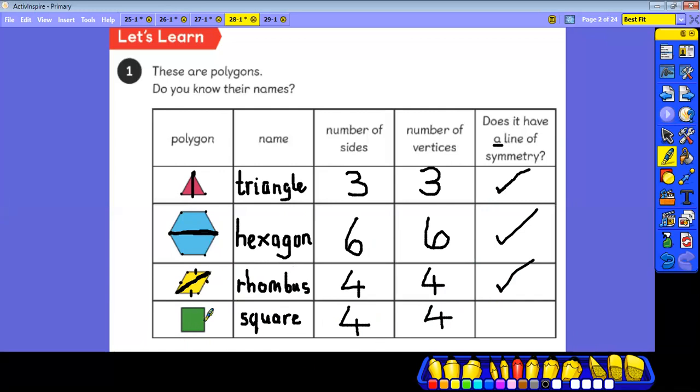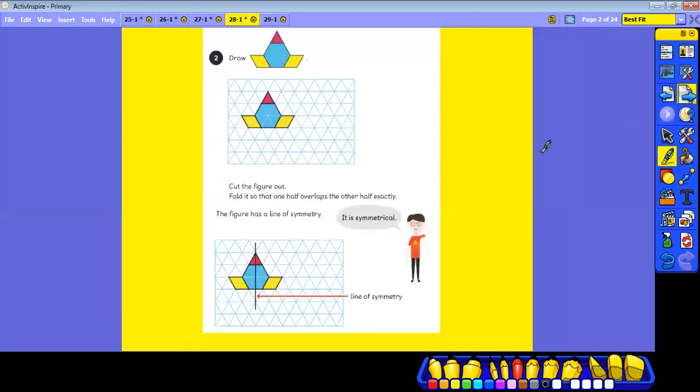We could go across here horizontally, we could go down vertically, we could go from one corner diagonally to the other. So yes, it definitely does have a line of symmetry, but more than one line in that square, and in those polygons here. So we've now named them, we've counted the sides, vertices, and we've checked they've got lines of symmetry.